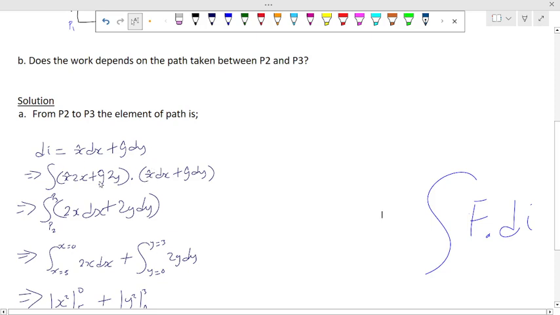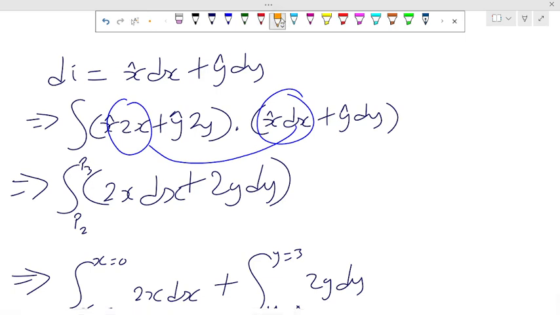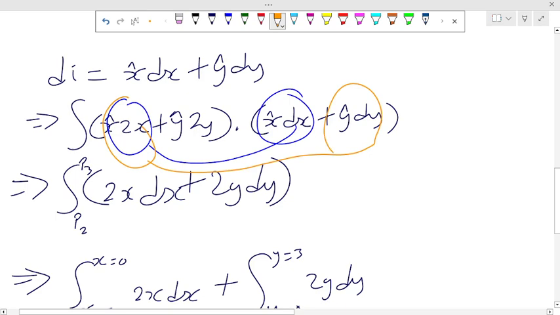So this dots this will give you 2x, so this will be 1 and this will be 2dx. That's this 2dx plus, now this dots this, because these are in different directions, you get 0, and that 0 will cancel out this term.